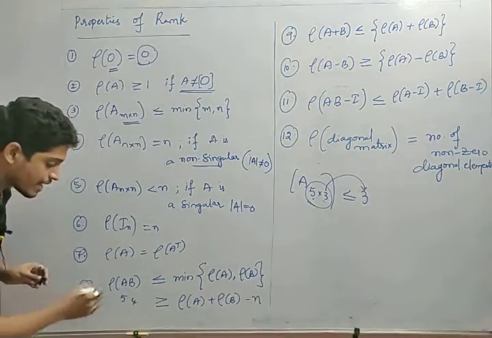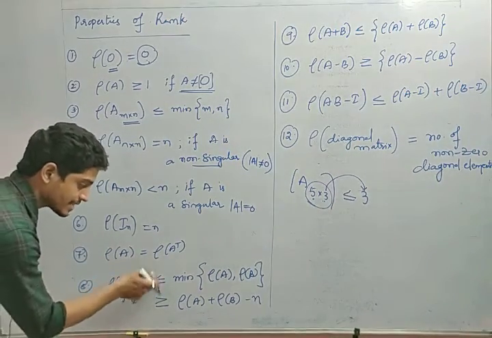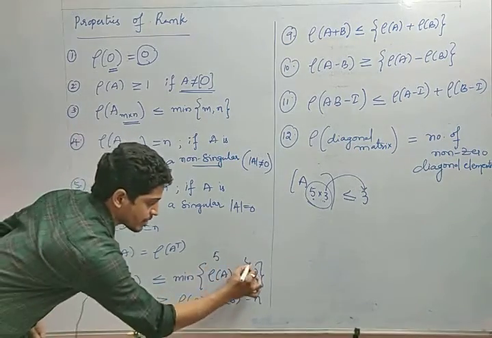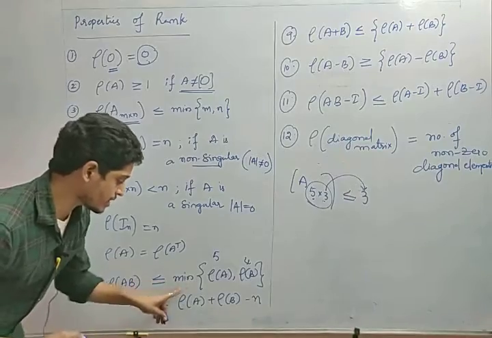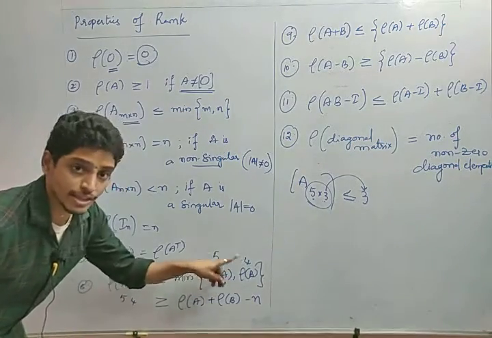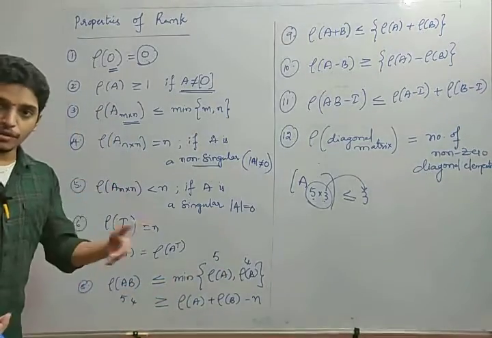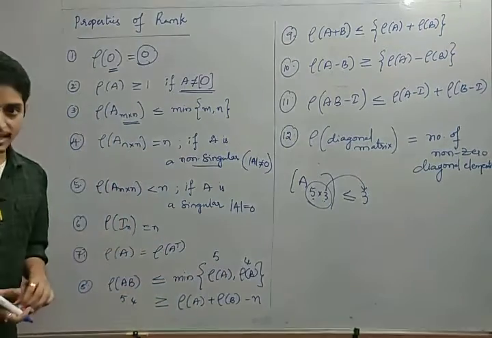Then 4 is the minimum, so rank AB will be less than or equal to 4. That means either 4 or 3 or 2 or 1 is possible.